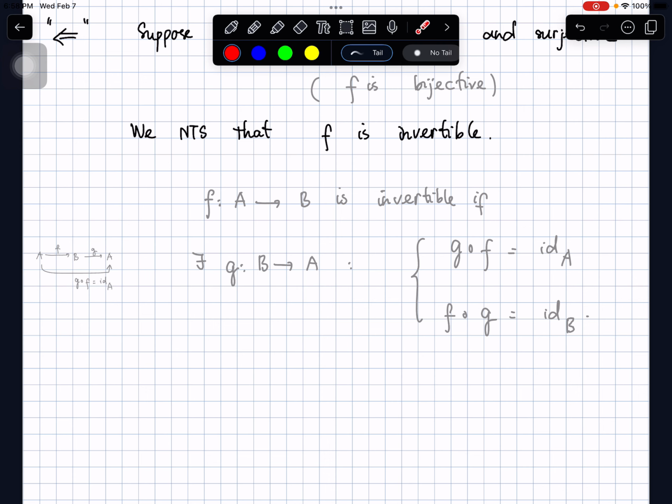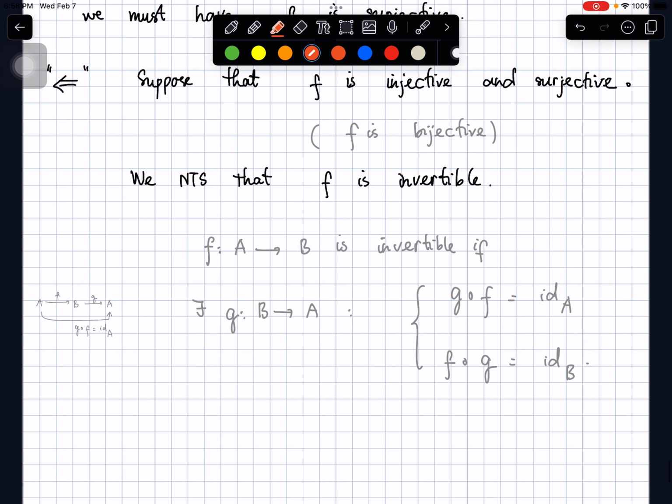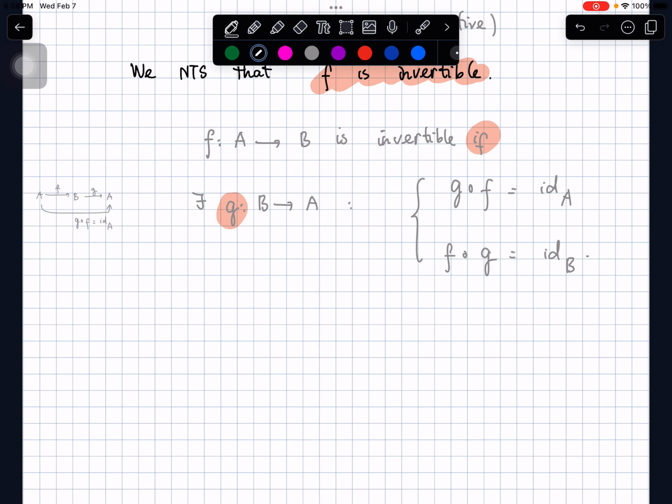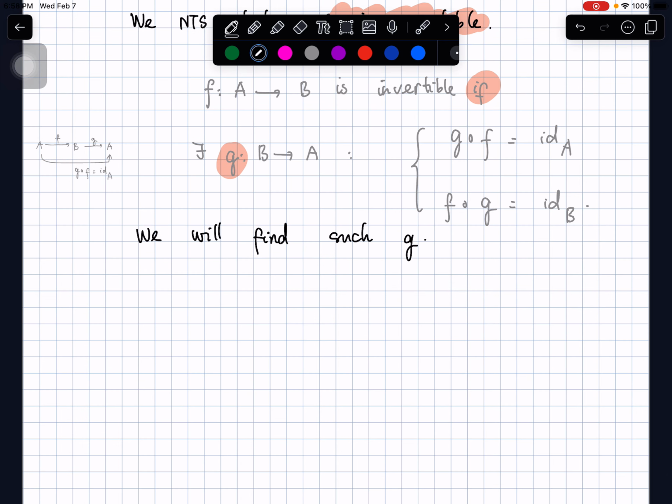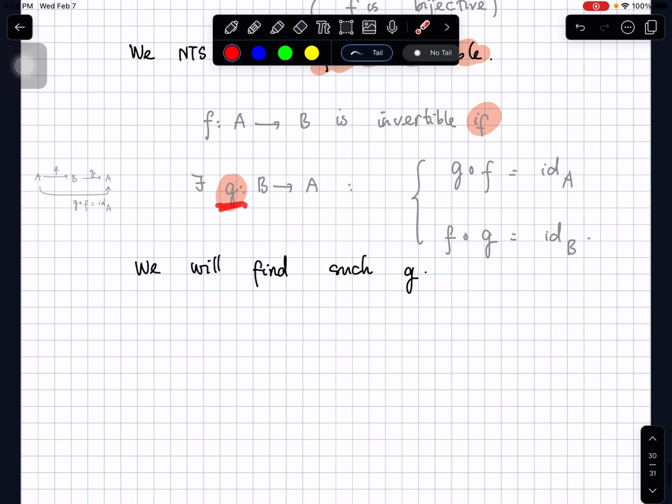Okay, so now we need to find such a function, because we want to show that f is invertible. It is invertible if there exists such a g. We want to find such a g, the inverse function for f, satisfying the two conditions.